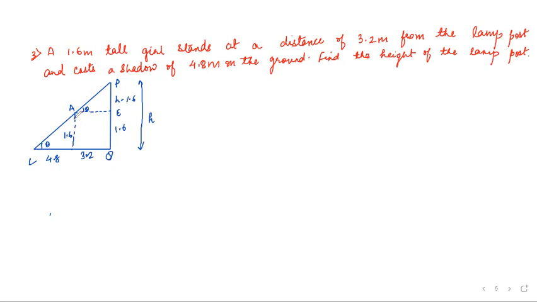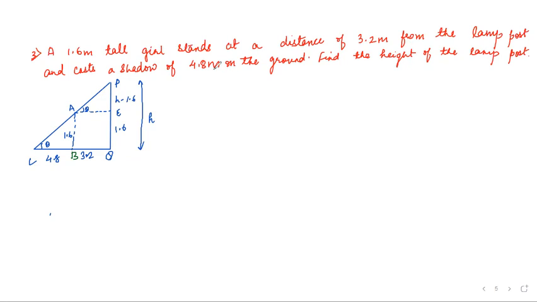So this AB is a girl 1.6 meters tall, or we can consider EQ is a girl 1.6 meters tall, and it is at a distance of 3.2 meters from the lamp post. AB is the lamp post, and it casts a shadow of 4.8 meters on the ground. BC is the shadow that it's casting. Find the height of the lamp post.